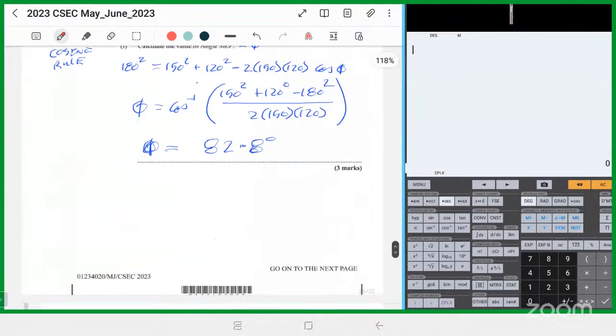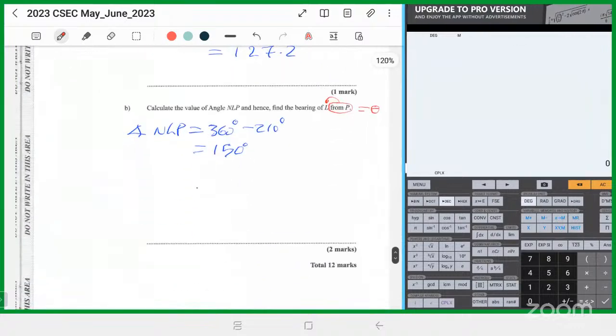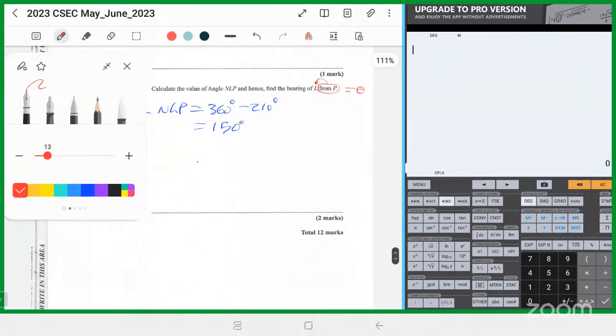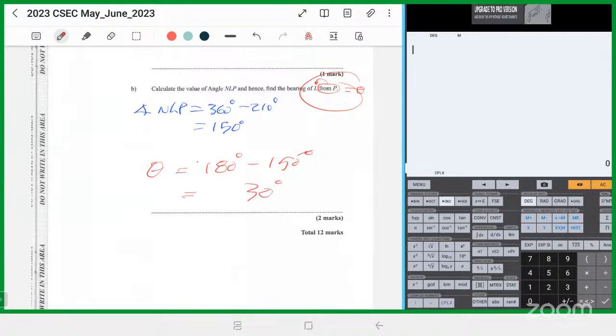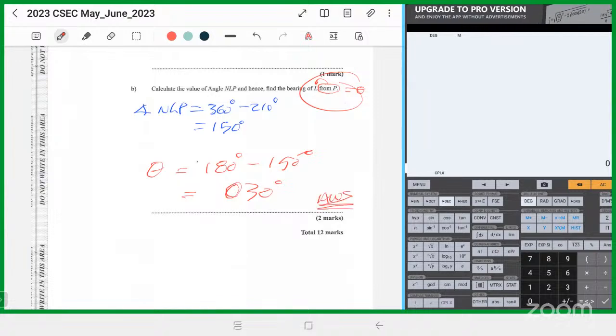But because it's a bearing, I put the 0 in front. That is the answer right here.